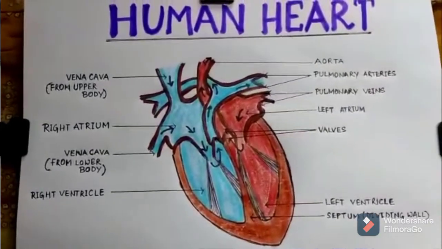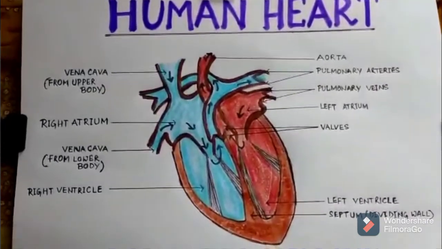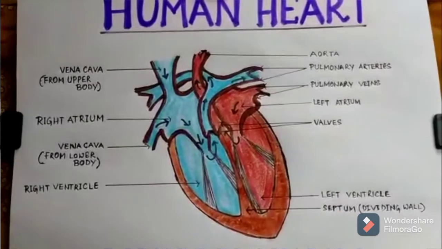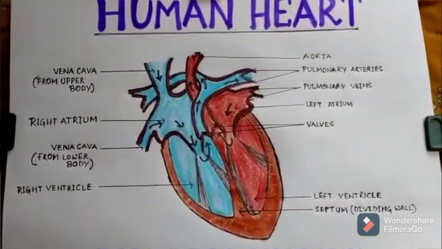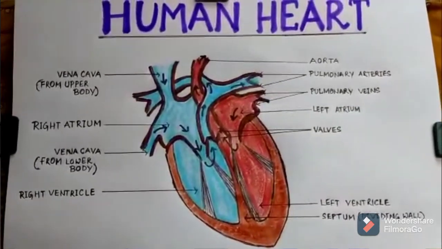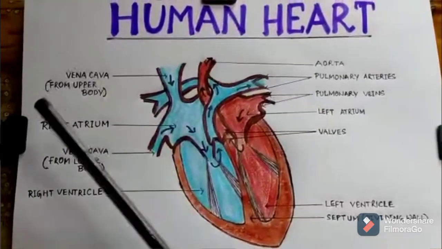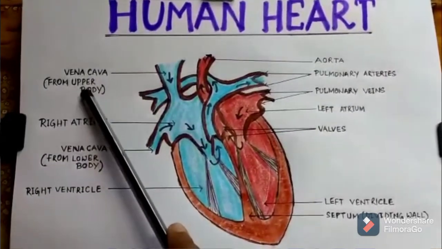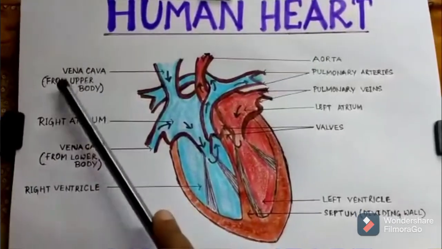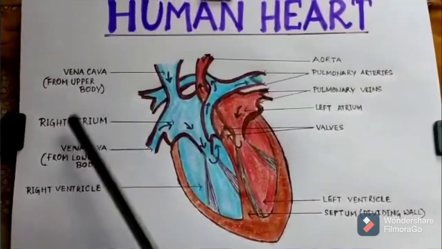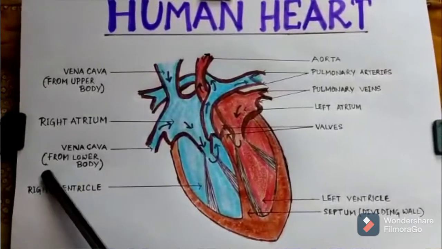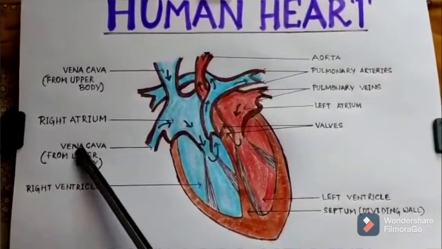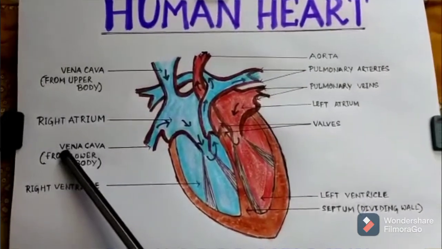Now let's discuss this double circulation. Just listen to this video very carefully and attentively. You will understand, it is very easy. The deoxygenated blood from the upper part of your body is collected by the superior vena cava, and the deoxygenated blood from the lower part of the body is collected by the inferior vena cava.